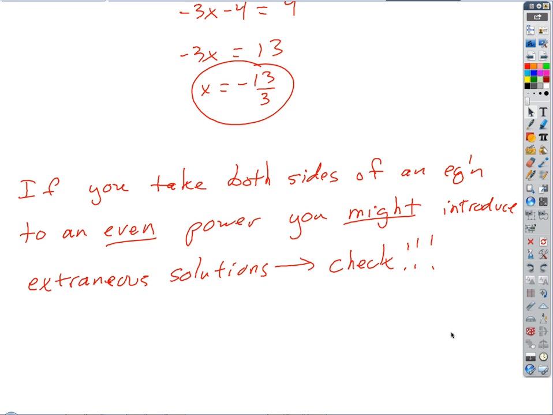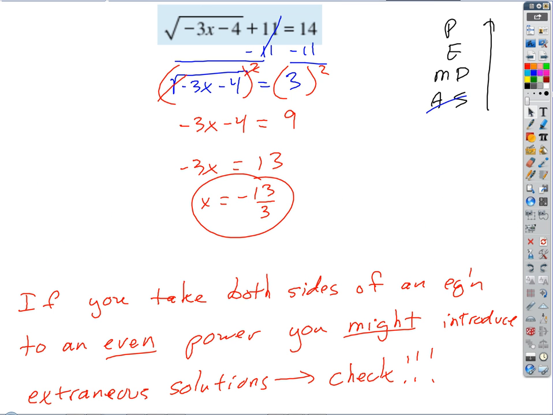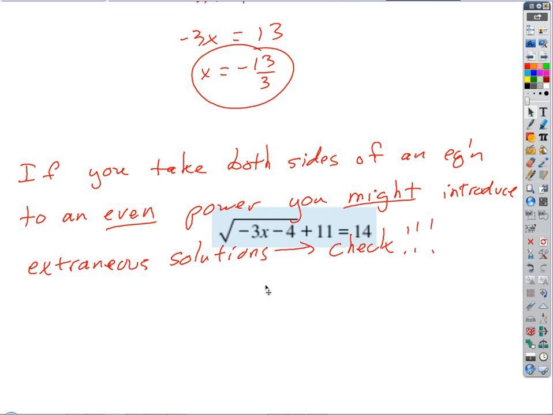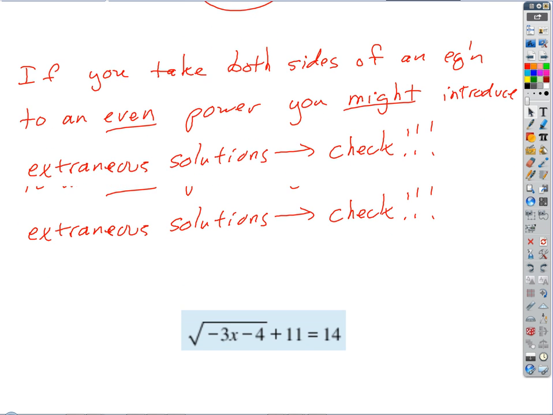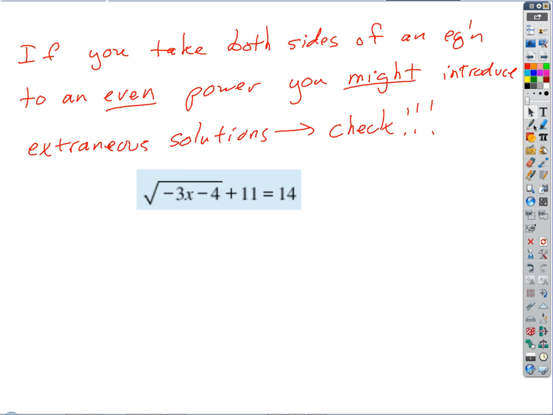Anyway, so if we go up and try this, let's see what we get. Okay, so if we try negative 13 thirds for x, let's see what happens.